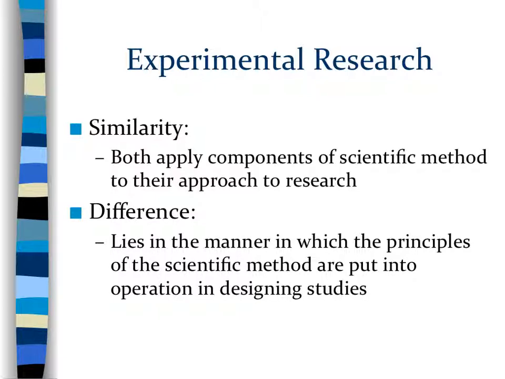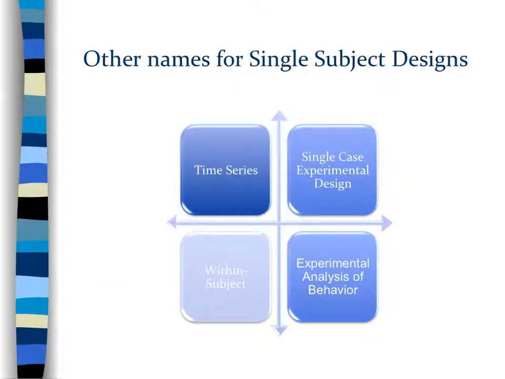For a group design, you would need quite a large sample size, whereas in single subject designs, it could be a study based on one subject or a small group of subjects. Single subject designs are typically used to study the behavioral change an individual exhibits as a result of some treatment.